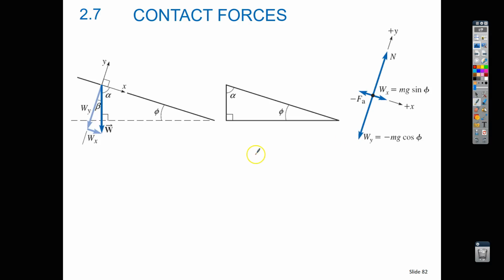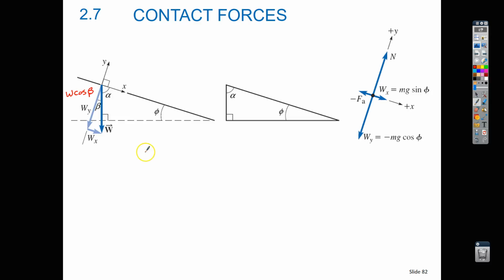If I want to find out what the force is in the y, so W in the y, I know that that side of the triangle is the adjacent side. And if it's the adjacent side, I'm going to take the weight, W, times the cosine of my angle, and here they're calling this angle beta.